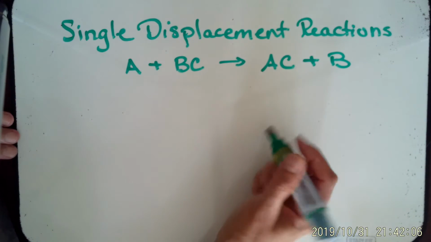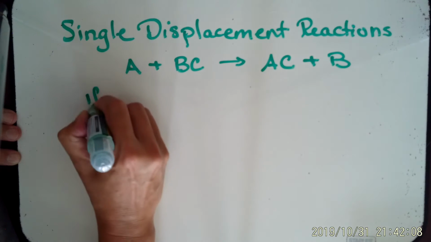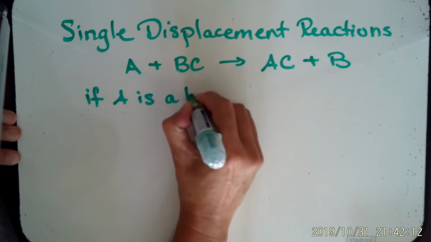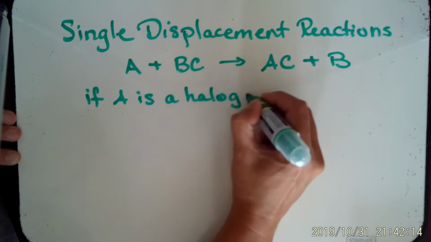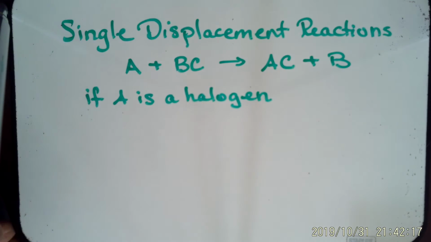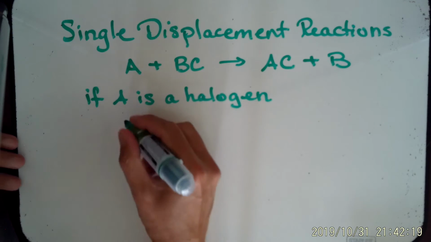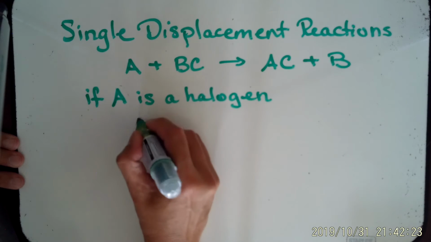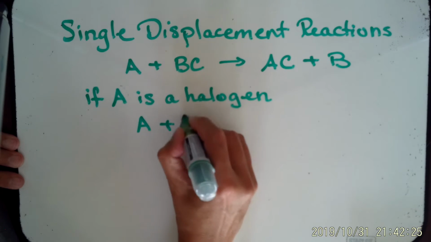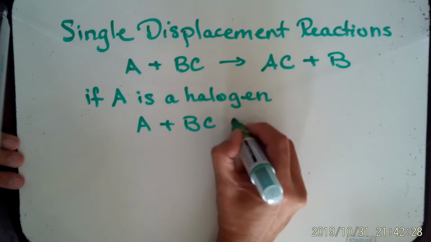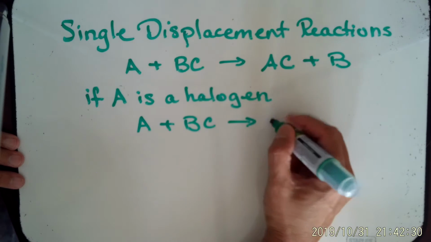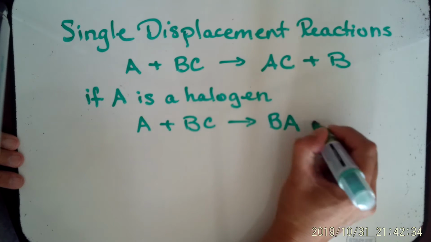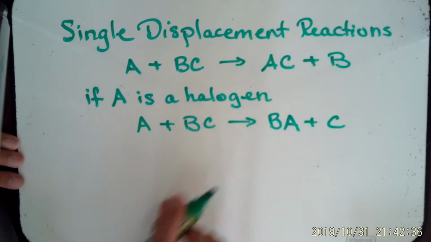Now if it's a halogen, this is specifically for halogens, then it will displace the anion, because halogens are nonmetals and they will tend to form anions.